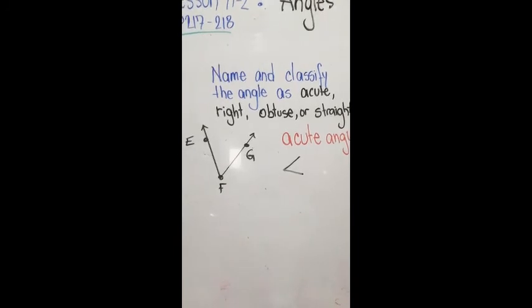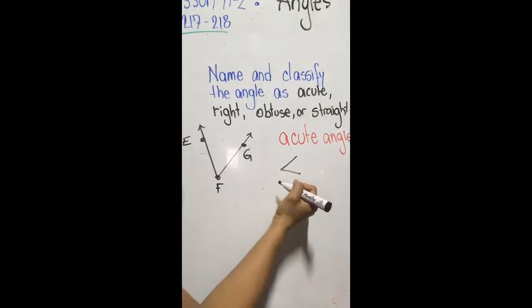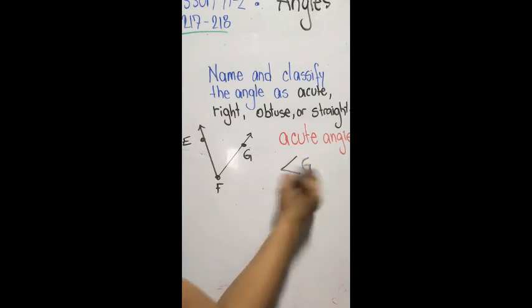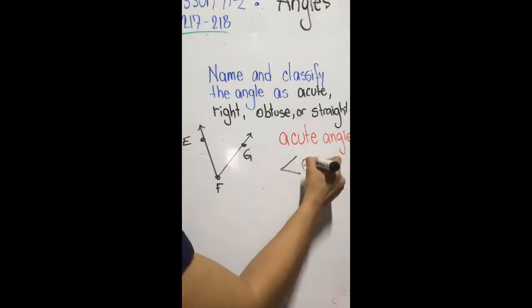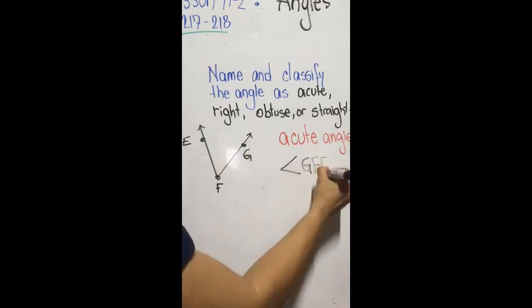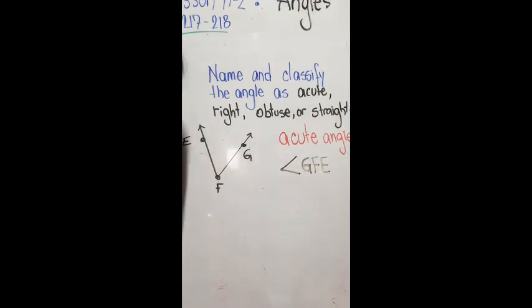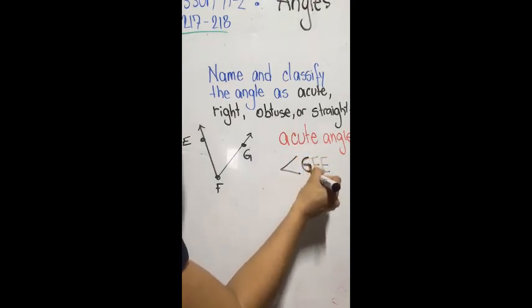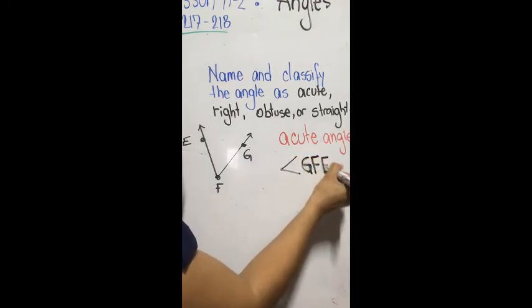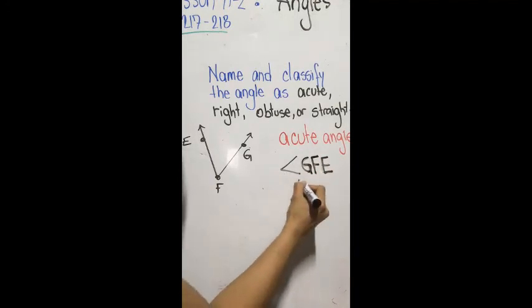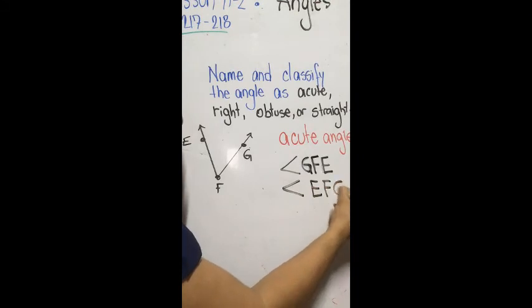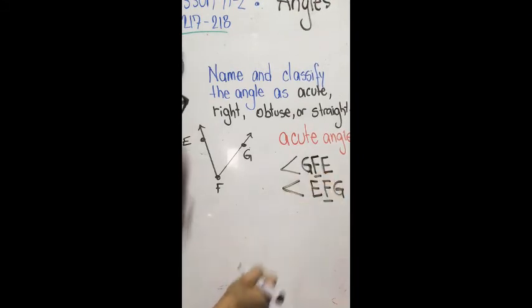The angle in this case is G, F, and E. But if you prefer to name it a different way, you can do it like this: E, F, G. Never move the vertex, because the vertex is in the middle.